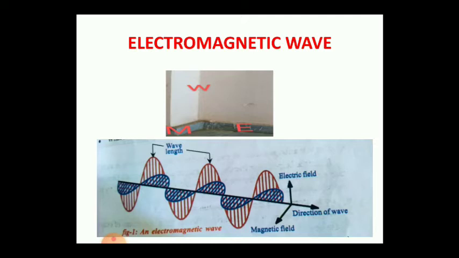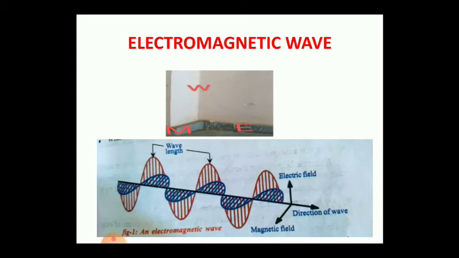The corner line is shown with the W, which is the indication of the direction of propagation of wave, and breadth is shown with the M. It is the direction of magnetic field, and E is the length direction, which indicates the electric field direction. You can simply understand that breadth and length are perpendicular. These both are perpendicular to the corner line.